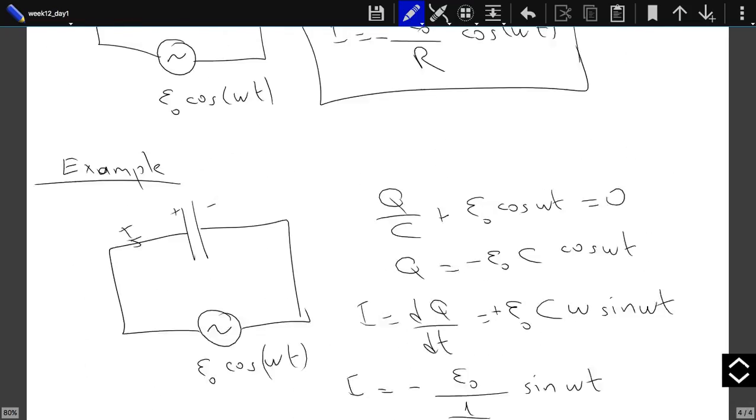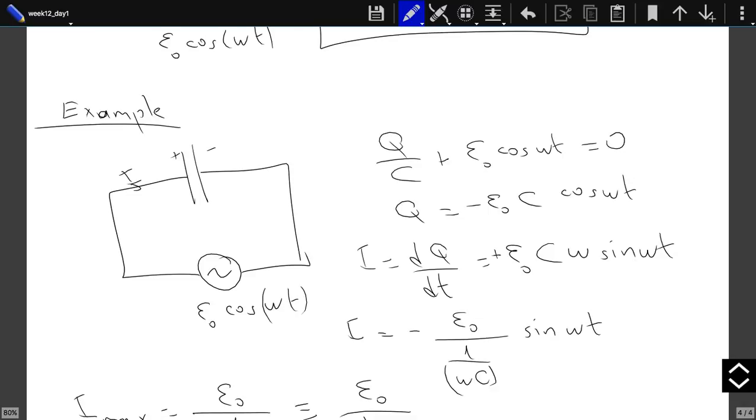Well, you see, this is our equation we said. Once you write this equation, you have to be consistent. The solution of this one is minus epsilon 0 C. That is why I inserted the minuses over there. In this first equation, I said that the sign is, well, you can just choose whatever you want. It's constantly changing anyway.